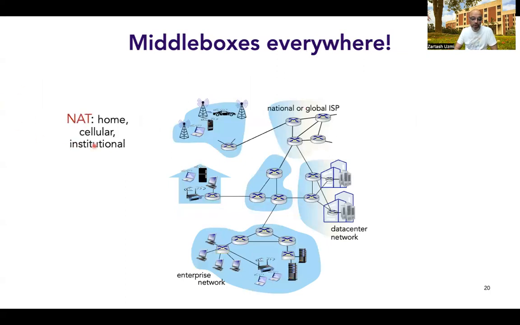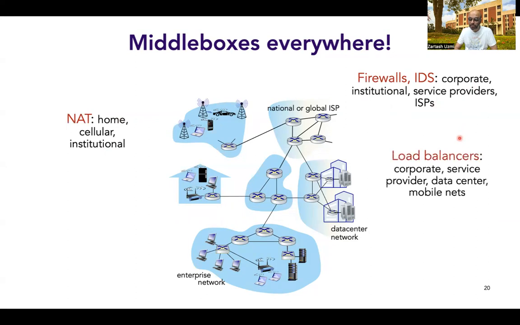You will see middle boxes as network address translation devices in homes, in cellular networks, in enterprises and institutions, and campus networks. You will see firewalls and intrusion detection systems in institutions, service providers, corporate networks, and ISP networks. You will see middle boxes as load balancers in corporate, service provider, data center, and mobile networks, and also application-specific middle boxes in service provider networks, institutional or enterprise networks, and on content distribution networks, on CDNs.